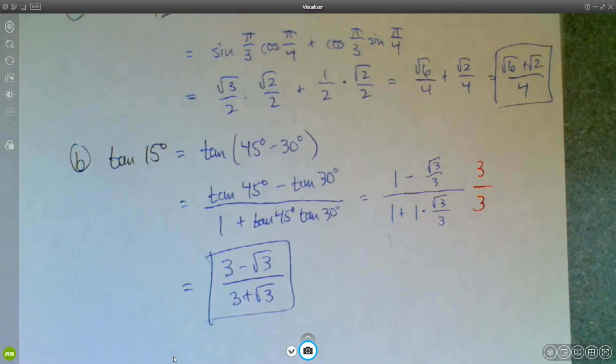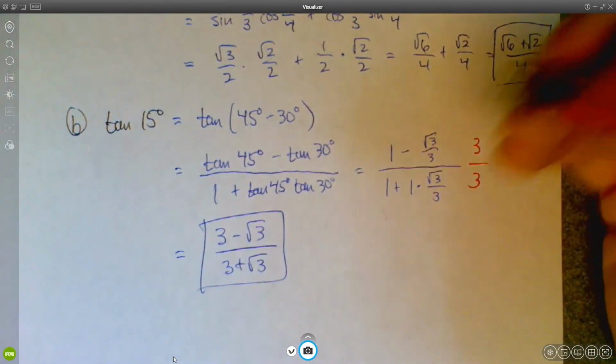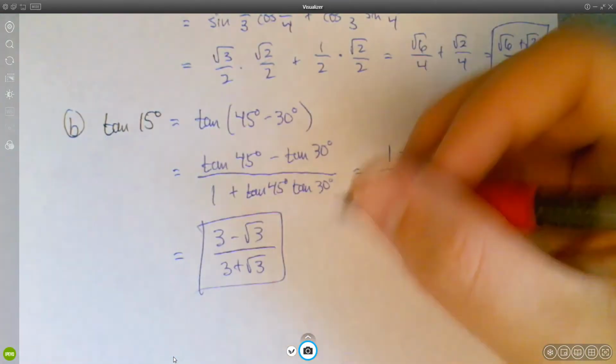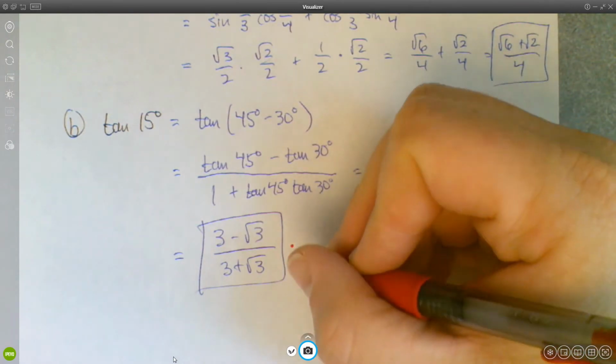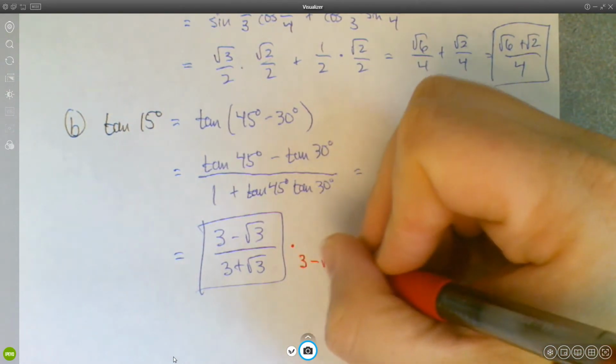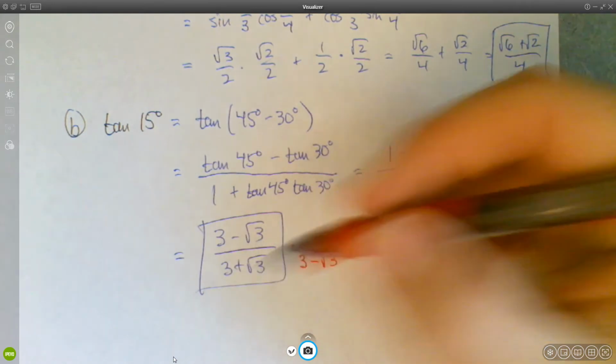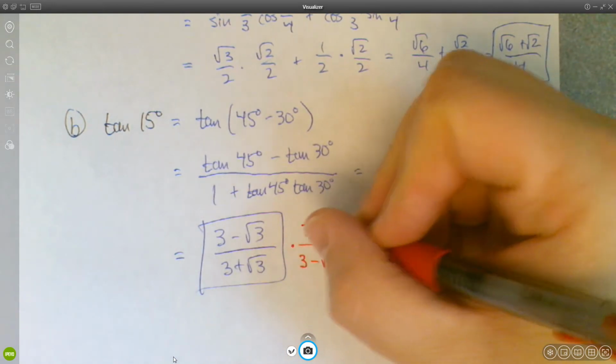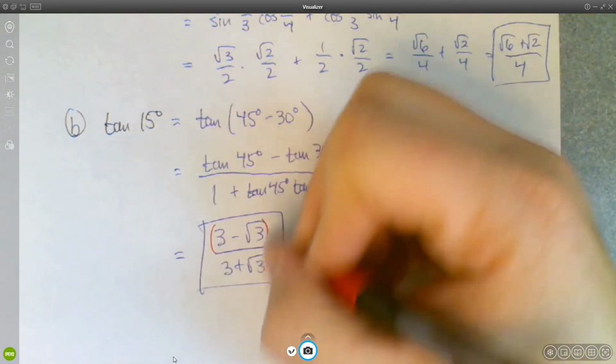To make your answer match the answer in the back of the book, you might have to rationalize it. So I'd be okay with this on a test or a quiz, but just to remind you how rationalizing works. So you want to multiply by the conjugate of the denominator to clear all of the radicals in the denominator. Okay.